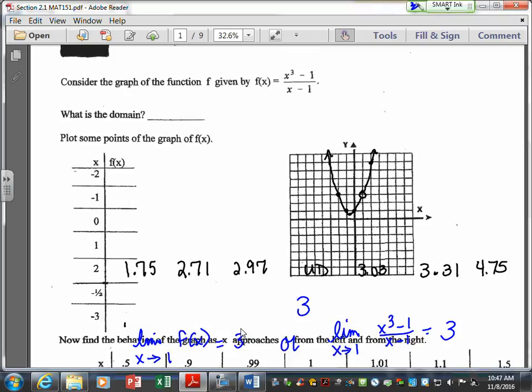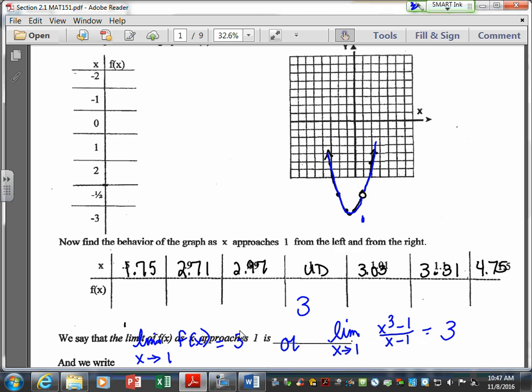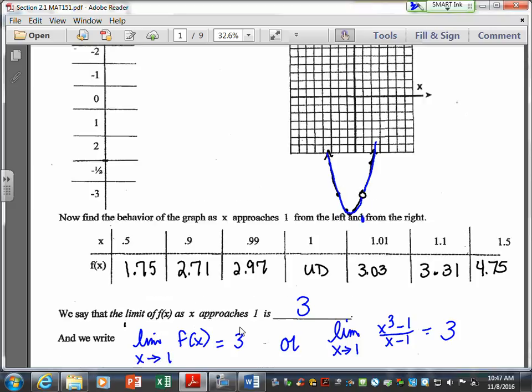If I'm approaching from the left, that means I follow my function heading toward the x value of 1. Here's the x value of 1 right here. So where am I approaching? 3, the y value of 3. What if I did x approaches 1 from the right-hand side? Where does it approach? 3. So if the limit from the left and the limit from the right match, then the limit of f of x as x approaches 1 is just 3. It exists.